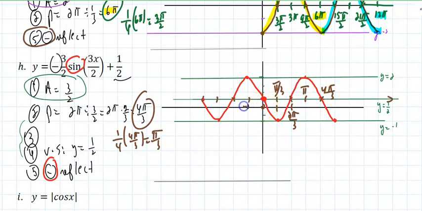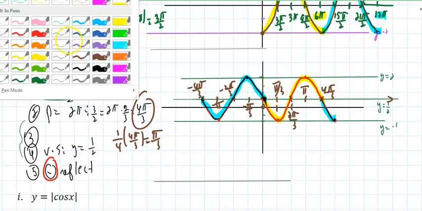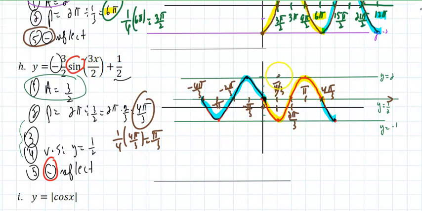To the left, negative pi over 3, negative 2 pi over 3, negative 3 pi over 3, and negative 4 pi over 3. So this is one full cycle. I'm just labeling that extra point because I want to make sure that you know how to do that. Wouldn't this be 5 pi over 3, 6 pi over 3, 7 pi over 3, and the list goes on?